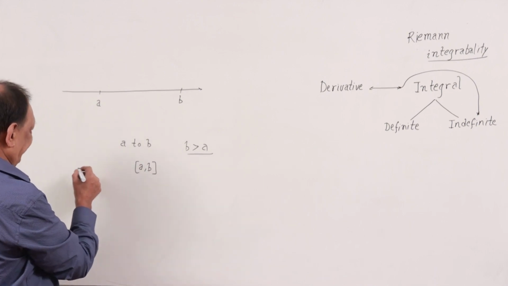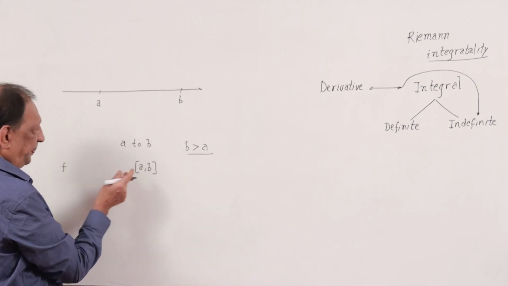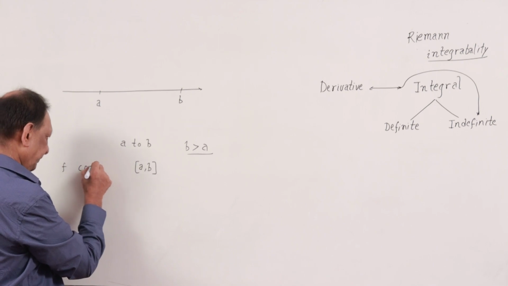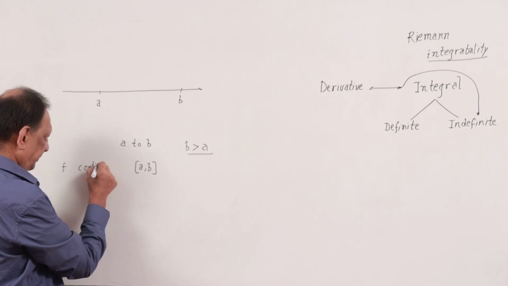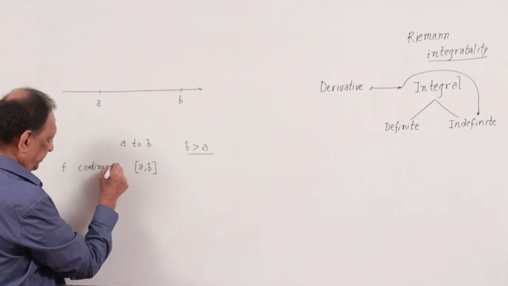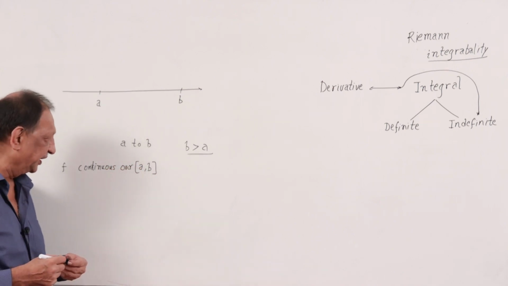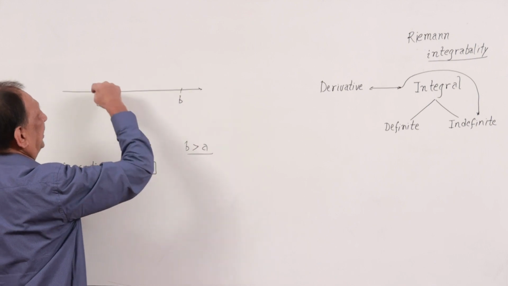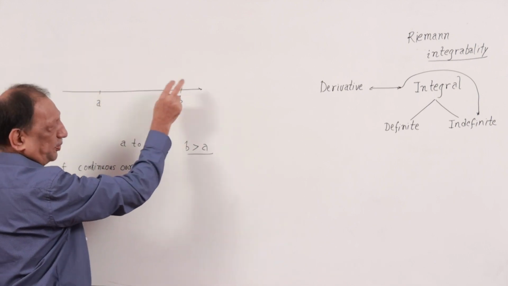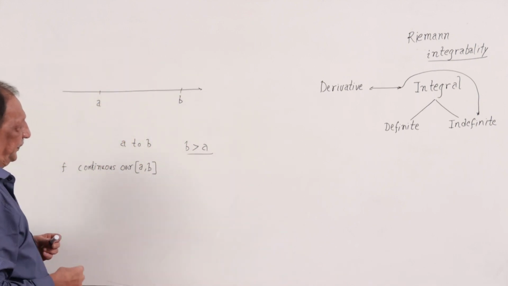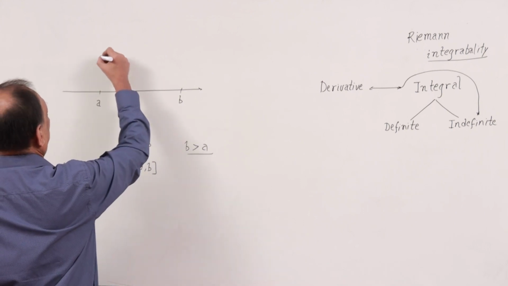Obviously our function f must be continuous over this closed interval. Otherwise there is no question of integrability. It must have a well-defined value for each one of the points in the closed interval. Right?